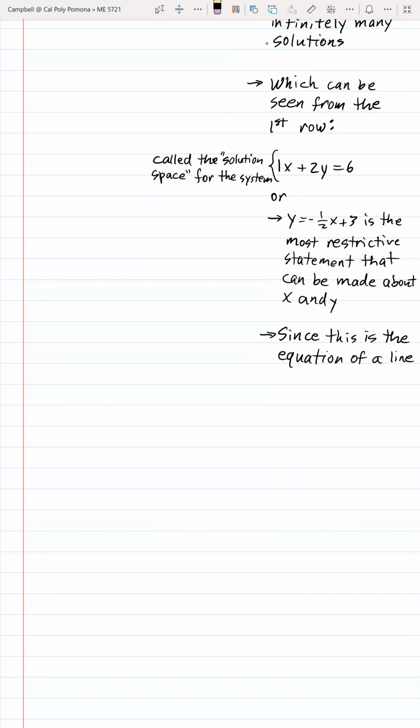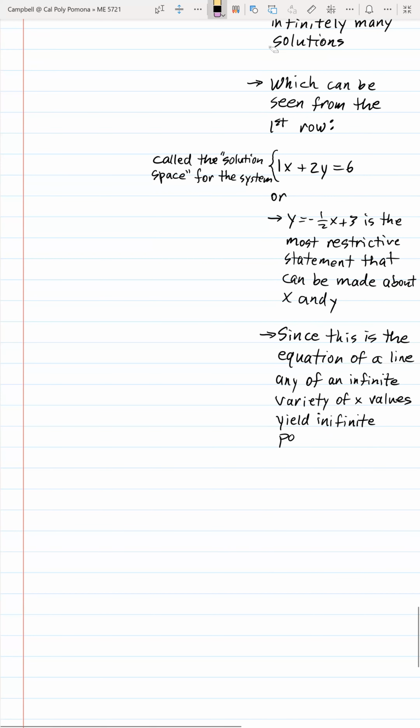Since this is the equation of a line, any of an infinite variety of x values yield infinite possible y values.